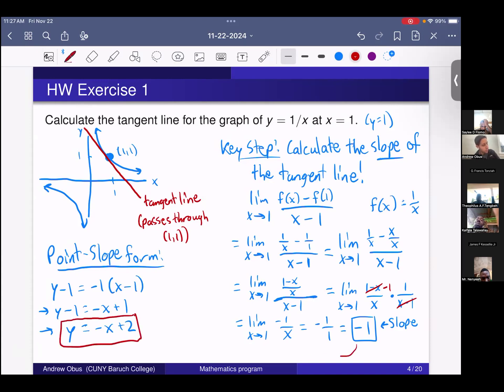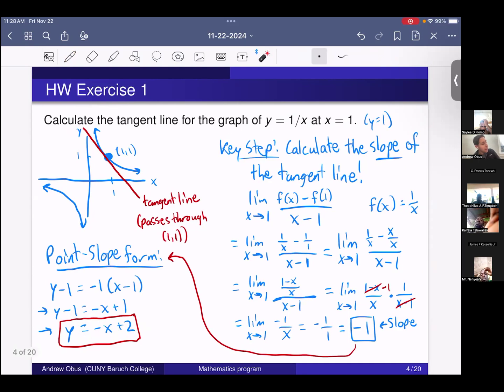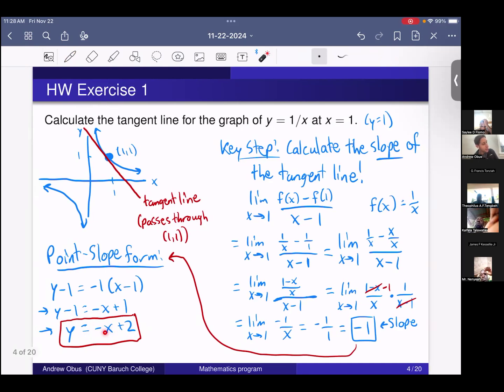Once you have the slope, we go over to here. And we should check realistically that y equals minus x plus 2 makes sense. Does this look like a line that has slope minus 1 and y-intercept 2? Well, yeah.